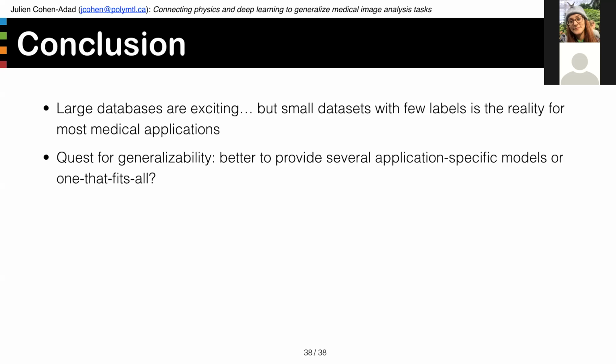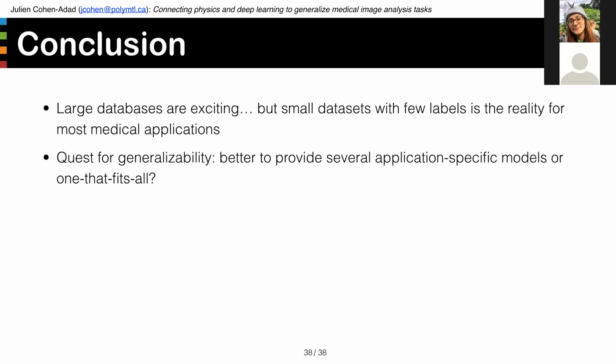There's obviously this quest for generalizability, and depending on the context, we should ask the question whether it is better to provide several application-specific models or one model that fits all applications. So in my presentation, I showed you 2 different strategies.